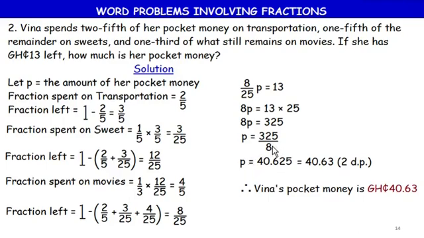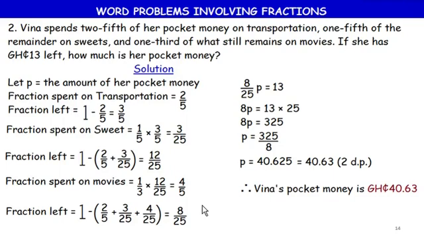When you punch it on your calculator, you get 40.625, and then we approximate it to 2 decimal places. So we have 40.63. So Venus's pocket money is 40.63 Ghana cedis. So that is how to solve word problems involving fractions.